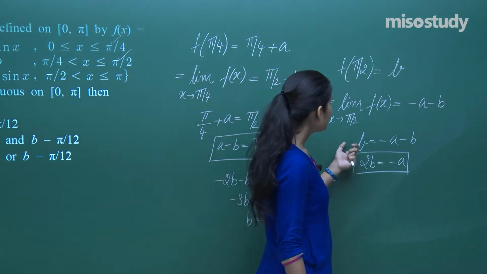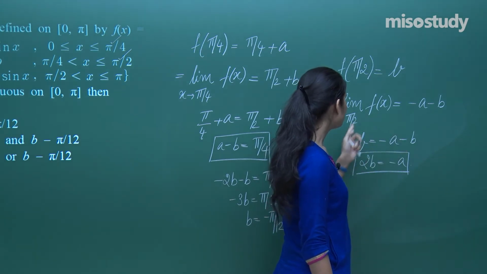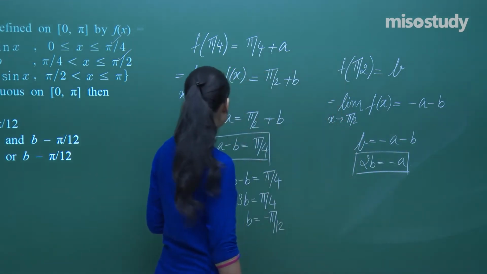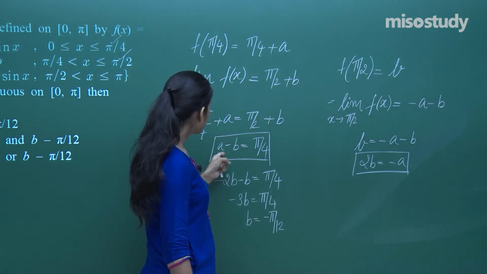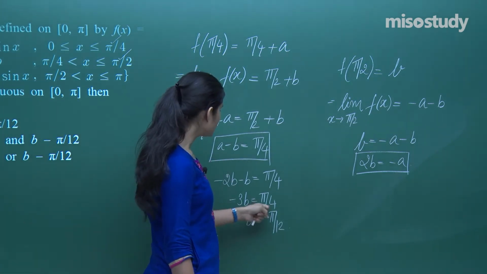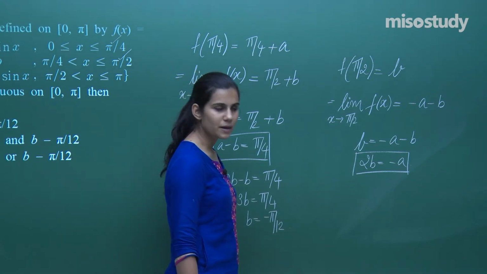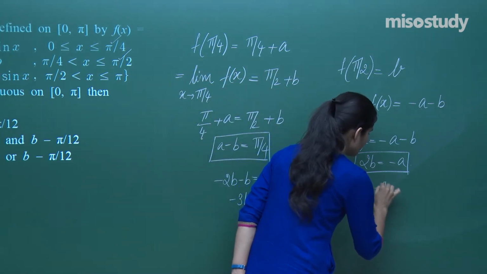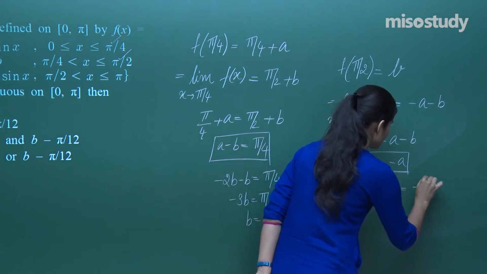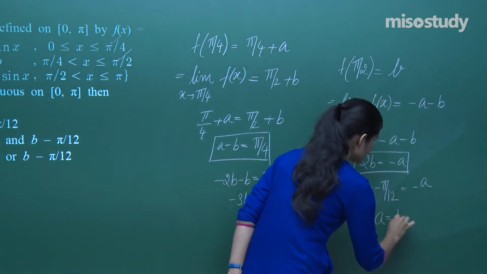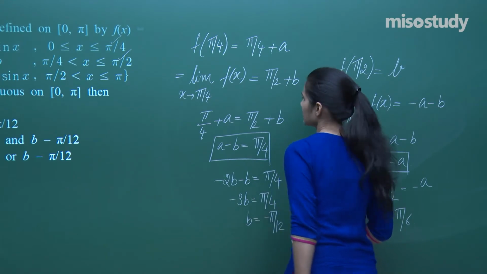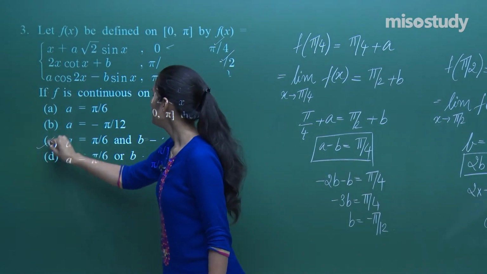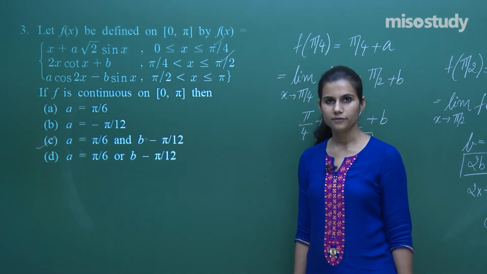If I am getting b is minus a minus b, I am getting b plus b, that is 2b is minus a, or a is minus 2b. Right? If a is minus 2b, I am getting minus 3b equals pi by 4, so b is minus pi by 12. And in that case, a is what? Minus pi by 12 equals minus a, so a is pi by 6. So a turns out to be pi by 6 and b turns out to be minus pi by 12.